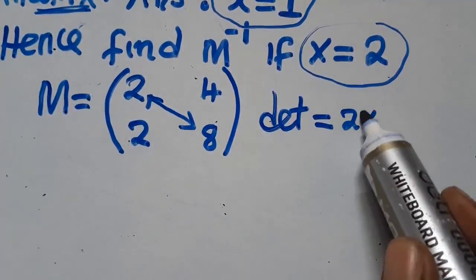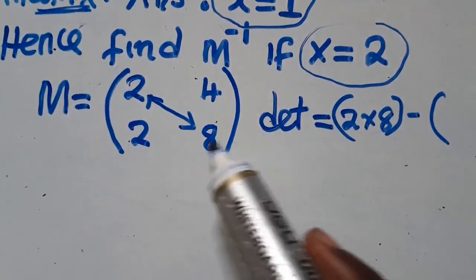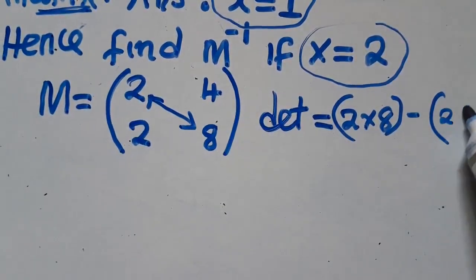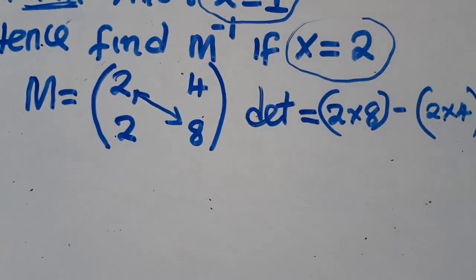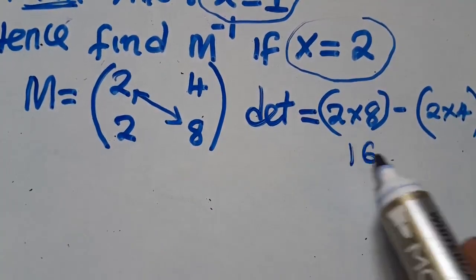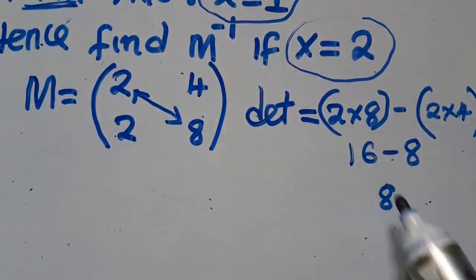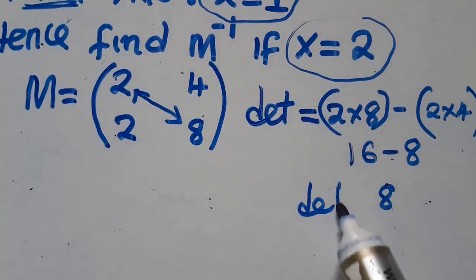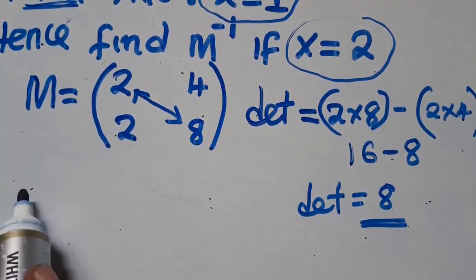So 2 times 8, minus minor diagonal, 2 times 4. Those are the calculations we are doing. This is 16 minus 8. 16 minus 8 is 8. That is your determinant. We found the determinant. The determinant is 8.